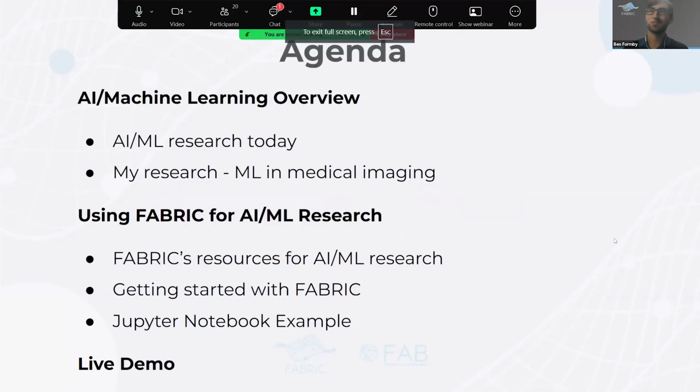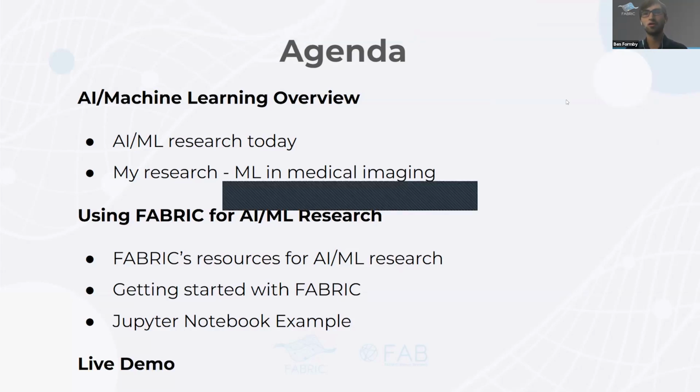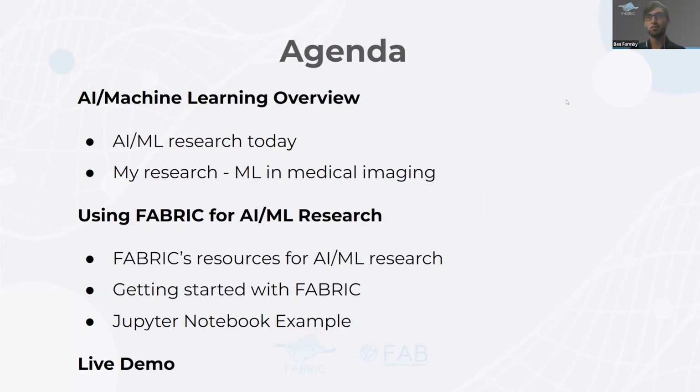Thank you for the introduction. Here's the agenda for today. I'll start with an overview of AI and machine learning and some popular research topics going on today. And then I will talk about our research at Clemson University, where we specialize in machine learning for medical imaging.